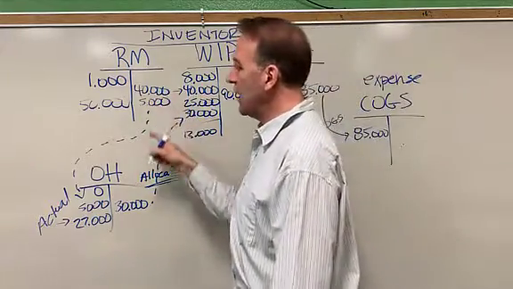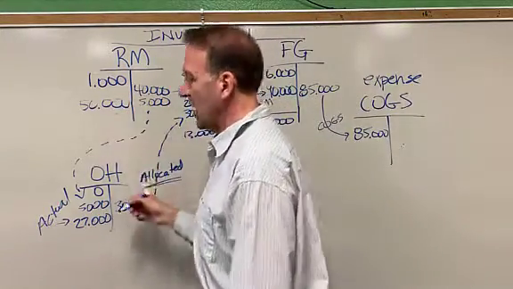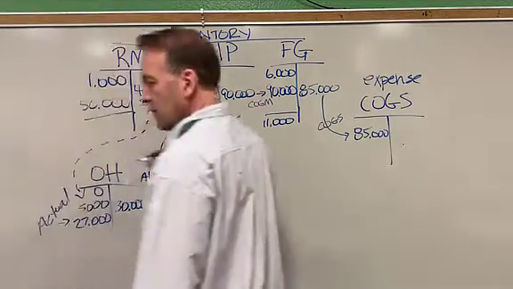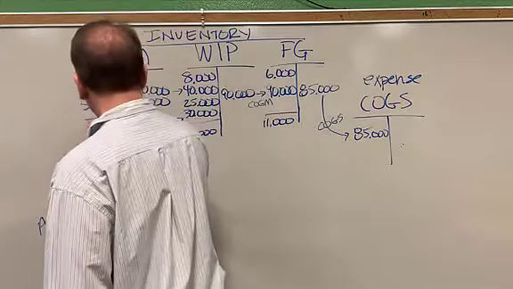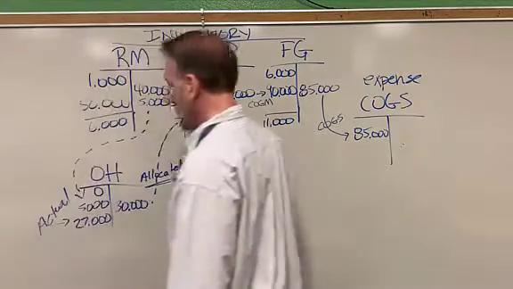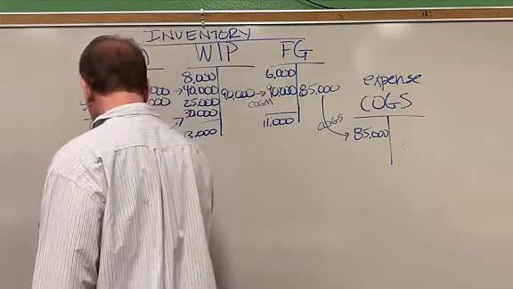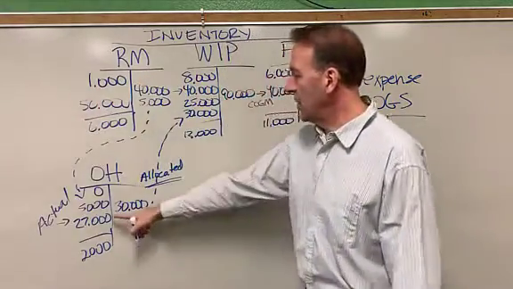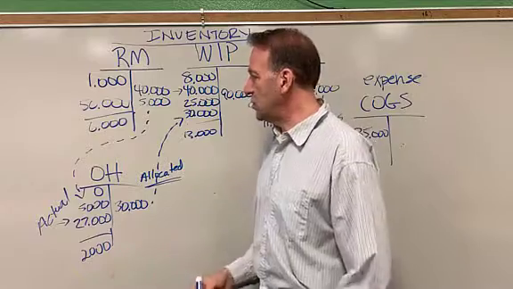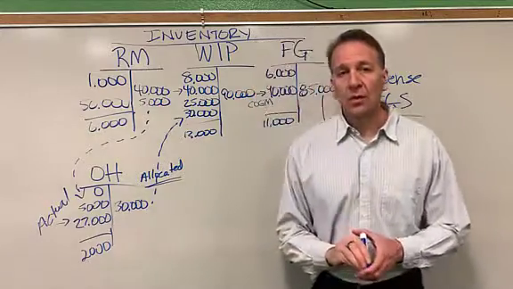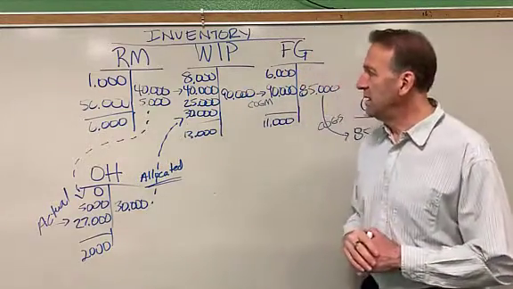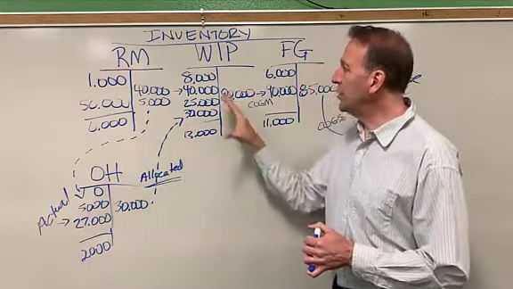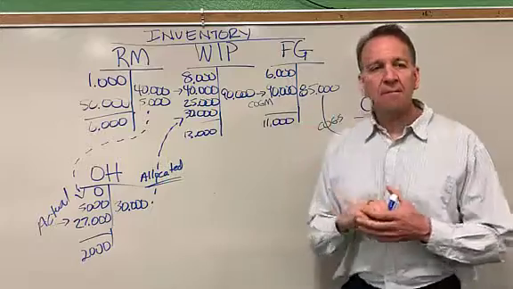We've got 45,000 here, 51,000 here. So that's 6,000. And then our ending overhead account will have a balance of 2,000. We've got 32 minus 30 gets us 2,000. So there are our ending account balances, and this is how costs move through inventory and eventually get sold.